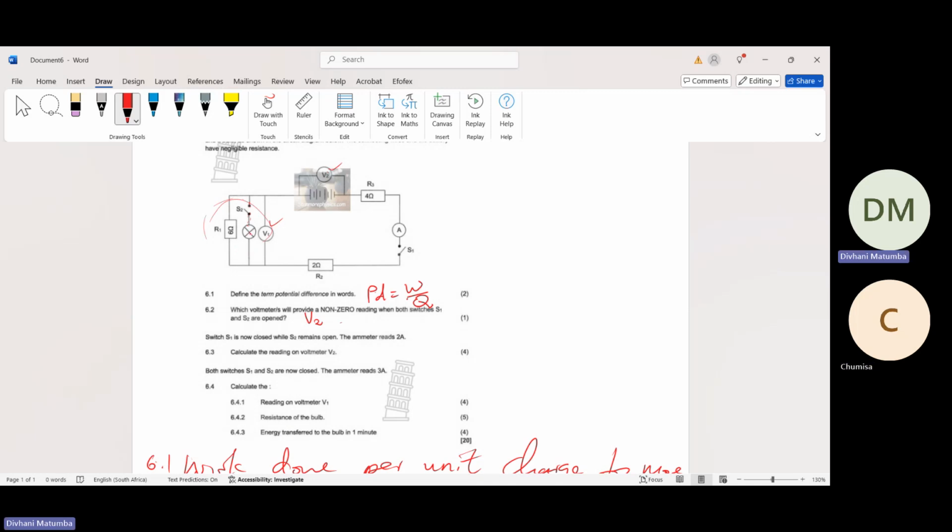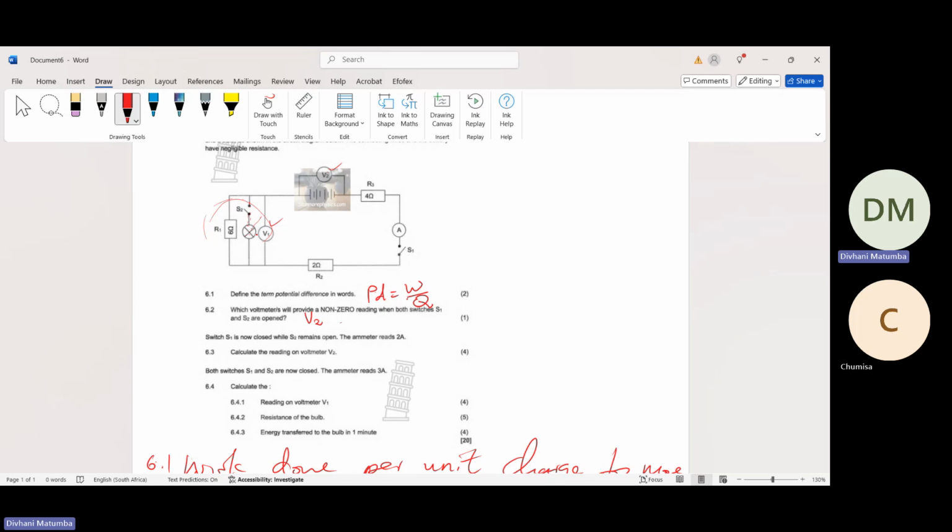However, we have an unknown resistor right here. Isn't that a bulb? Yes, that's a bulb. So we have an unknown resistance. Remember, a light bulb is a resistor.